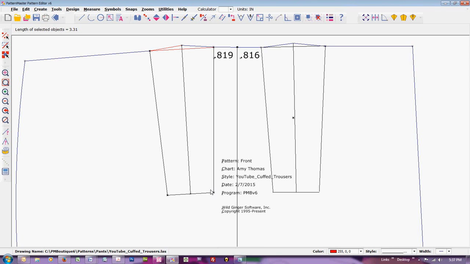This is our pleat. Group that together. Okay. I want a line from here to here, 1.646.